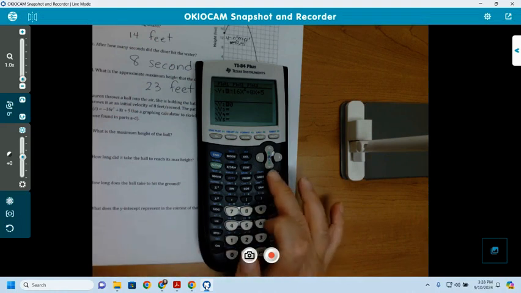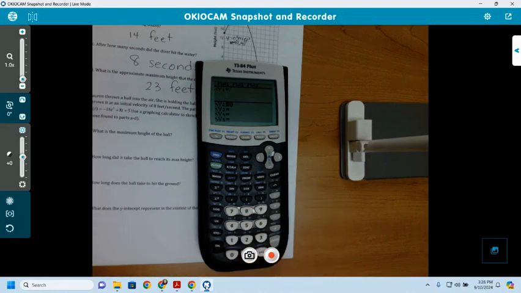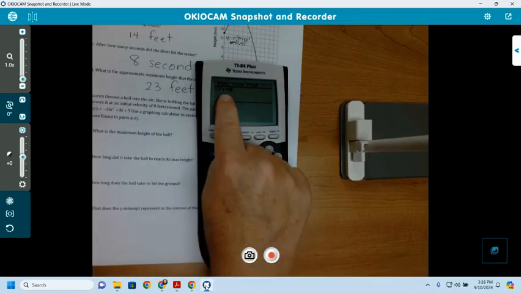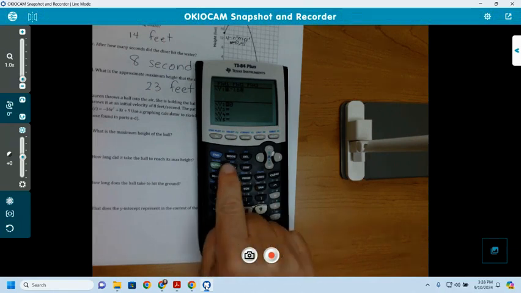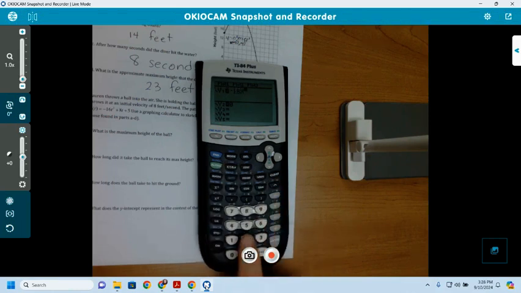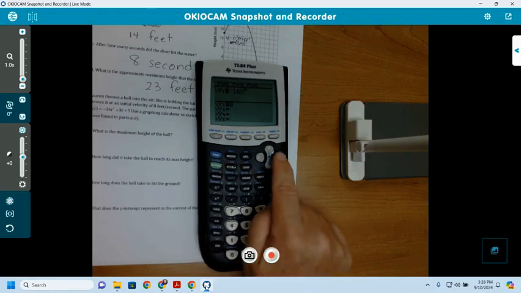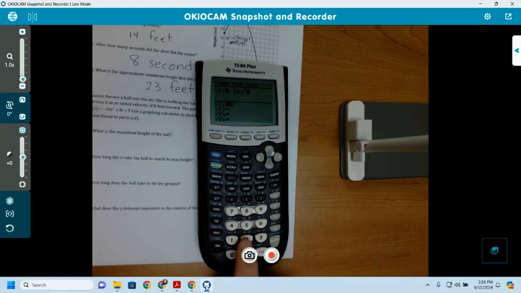But if you need to know how to enter that, in that first line, y equals minus 16, x caret squared, plus 8x, plus 5.